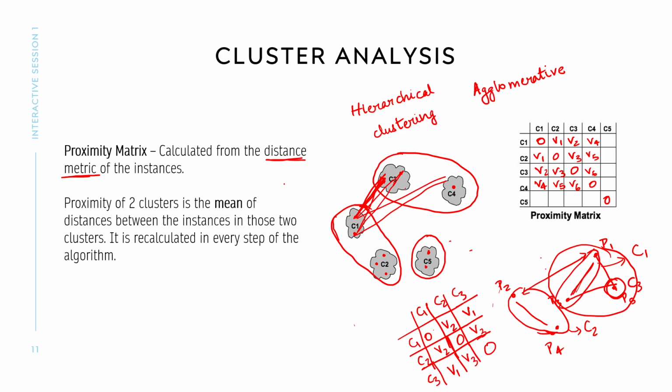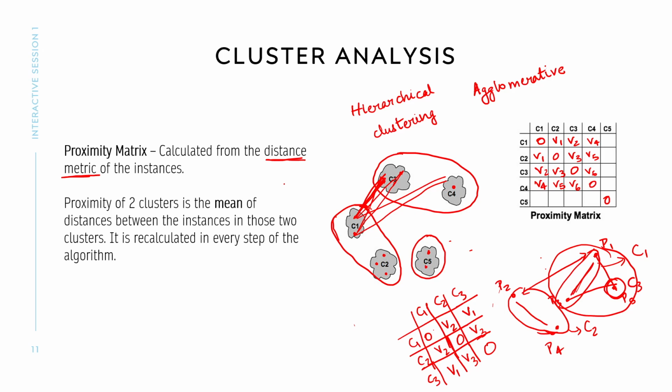Does that make it a little bit clearer? So when you are clubbing two clusters, you are taking the mean of the distance between them. How I club them is based on the distance between them, and how I calculate the distance is by this mean method.